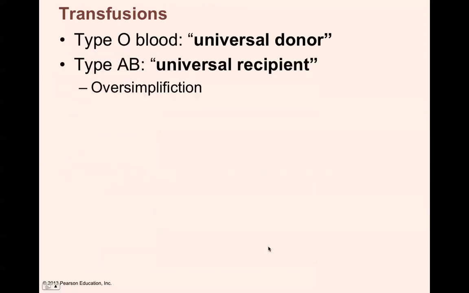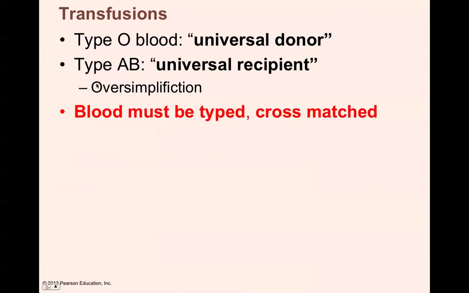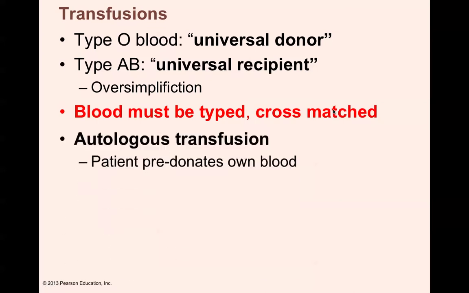Type O is the universal donor. Type AB is a universal recipient, which is kind of an oversimplification, because there are other markers too on blood. So anytime somebody gets a transfusion, you have to type and cross-match that blood, where they actually mix a little bit to see if the blood is compatible.